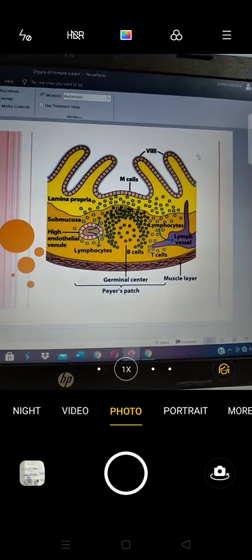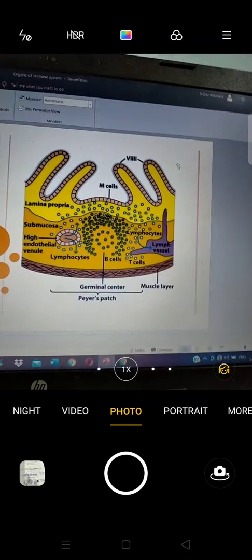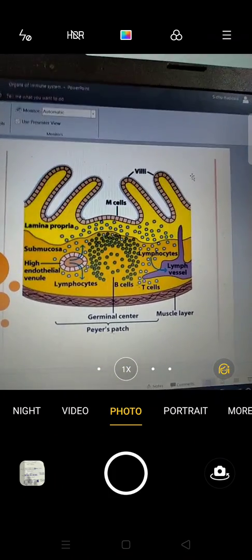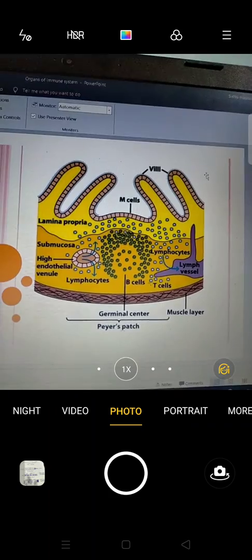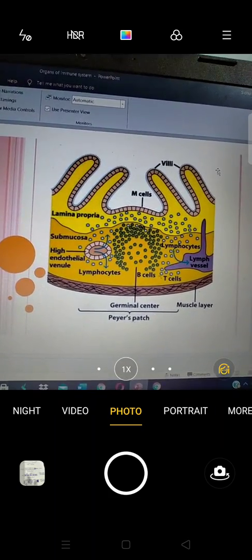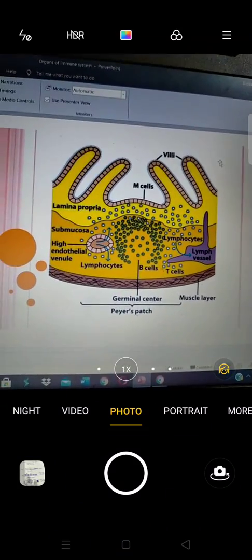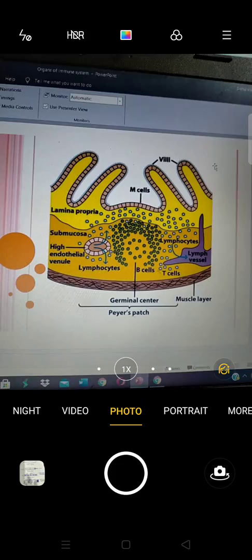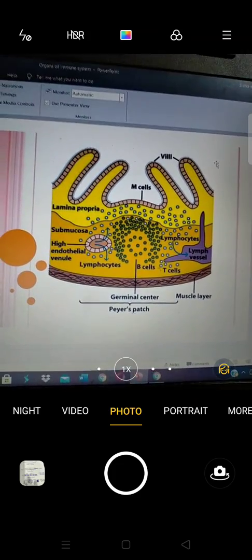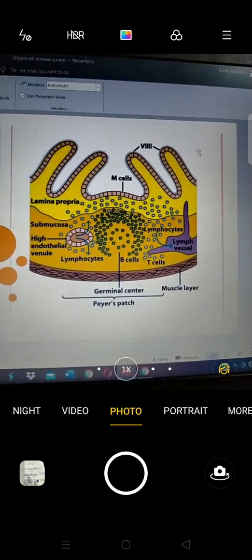The cells of the microfold, the M cells, contain vesicles which actively transport particulate antigens from the lumen of the gut into the dome area. Dome area means area below the folded area. Here the priming of both T and B lymphocytes occurs as a result of antigenic stimulation.